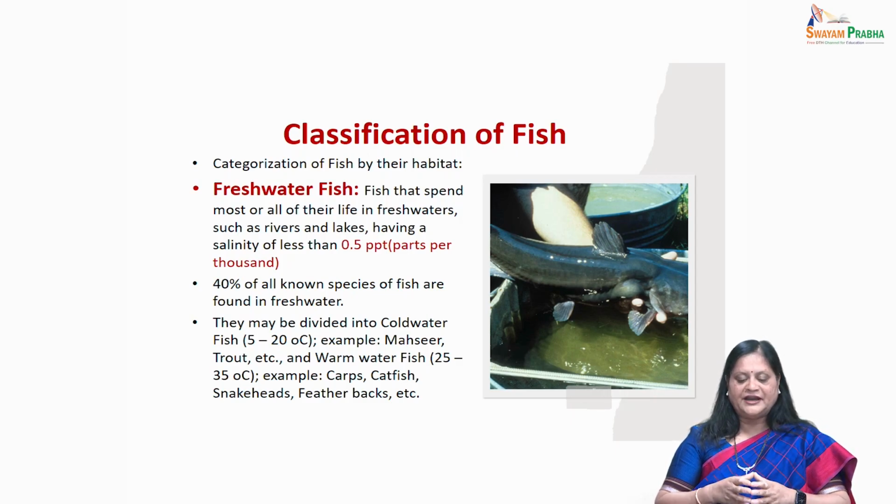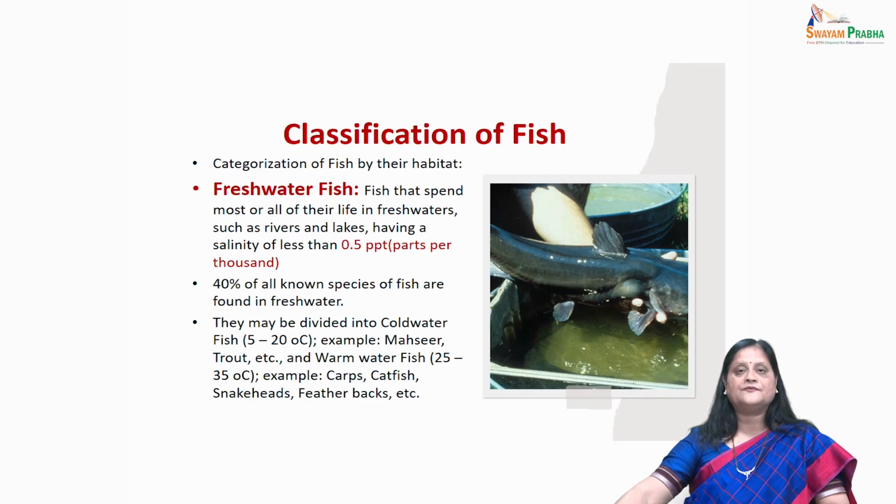They may be divided into cold water fish, example trout, and warm water fish, where the temperature range is 25 to 35 degree centigrade. Examples are carps, catfish, snakehead, featherbacks, etc.